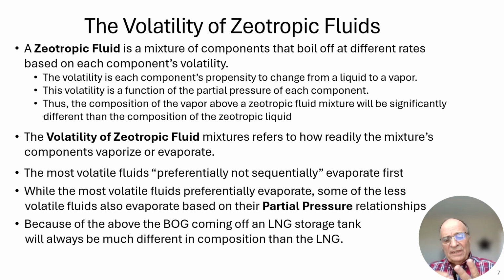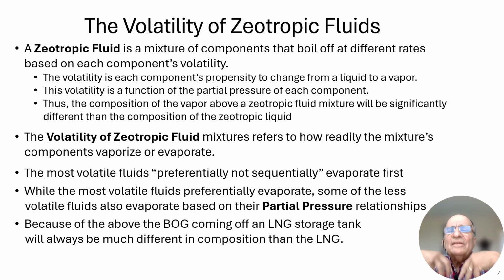Well, these three components have three different partial pressures. So what I would see is, in the liquid, I'd have 1/3, 1/3, and 1/3. But in the vapor, I'd have almost 99% methane, some ethane, and just very small trace amounts of propane.